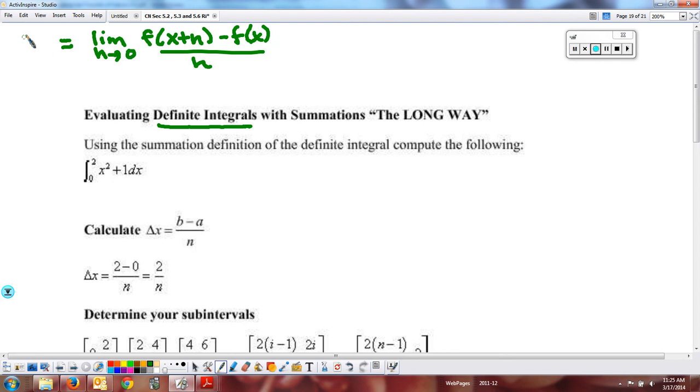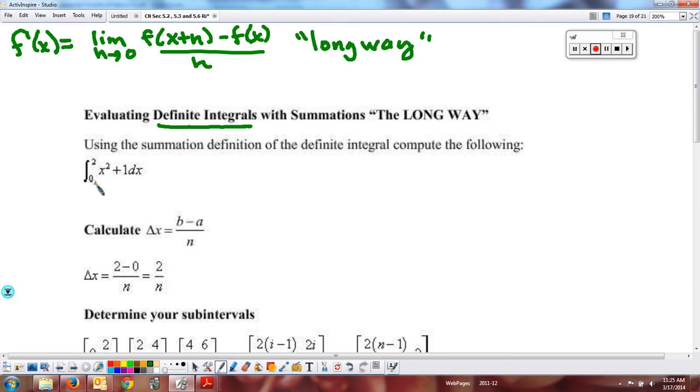That was how we were calculating f prime of x. That's the long way of calculating, and then we learned all the shortcut rules. So you can appreciate the shortcut rules, I am going to go through how I would calculate this without estimating with a Riemann sum, but actually doing the limit with the Riemann sum. We're not going to estimate it, we're going to find it exactly.